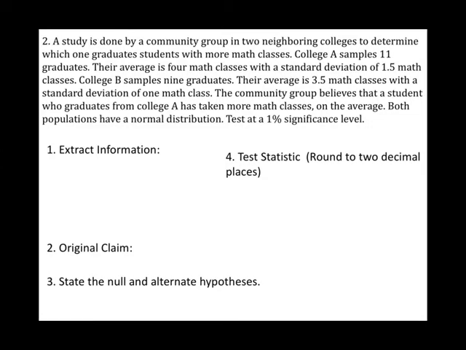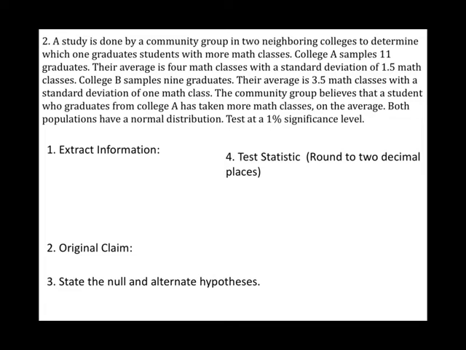Number 2, a study is done by a community group in 2 neighboring colleges to determine which one graduate students with more math cards. College A samples 11 graduate. Their average is 4 math cards with a standard deviation of 1.5 math cards. College B samples 9 graduate.